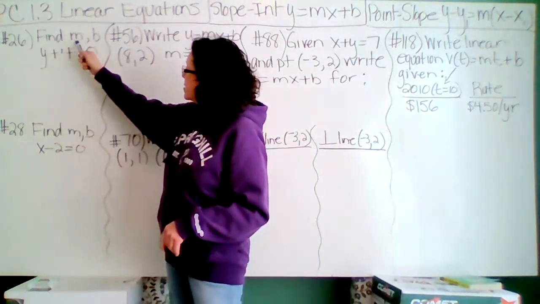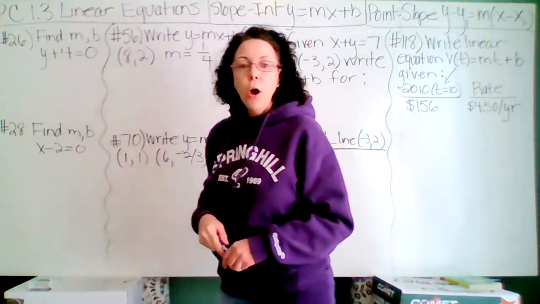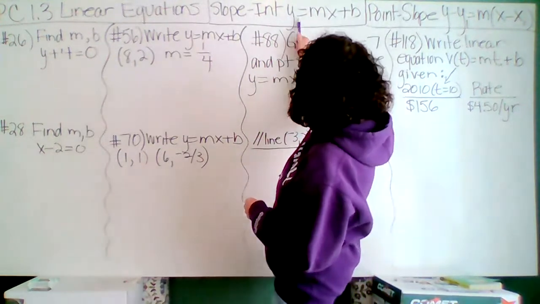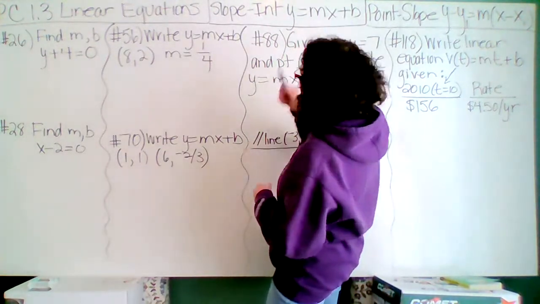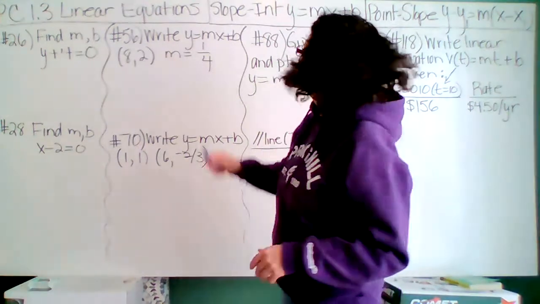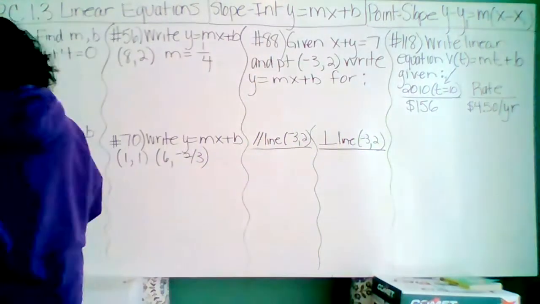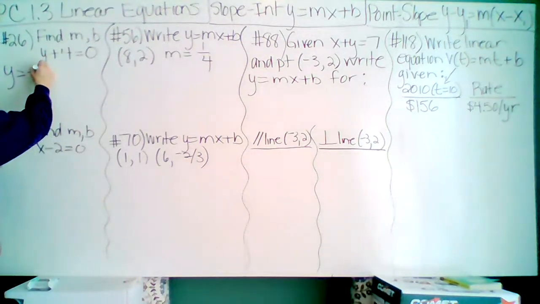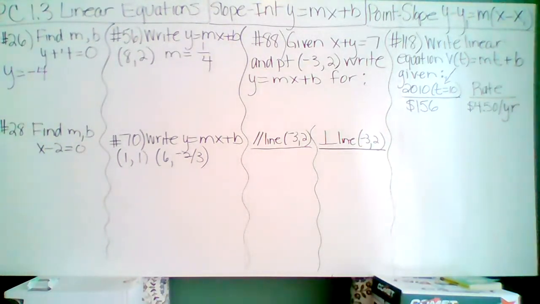They were asking you to find the slope and the intercept given y plus 4 equals 0. So notice that if you could write in slope-intercept form, you would see the m and the b sitting right there. So let's get that y alone on the left by subtracting 4 from both sides. Y equals -4.